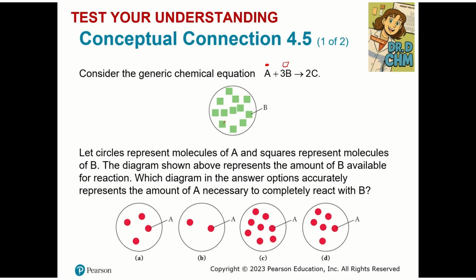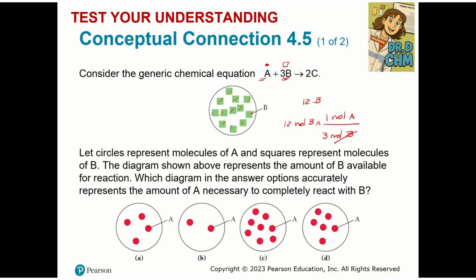So I have 1, 2, 3, 4, 5, 6, 7, 8, 9, 10, 11, 12 B, right? So let's convert, this is 12 moles of B. I know that 3 moles of B requires just 1 mole of A, right? 3 per 1 over here.